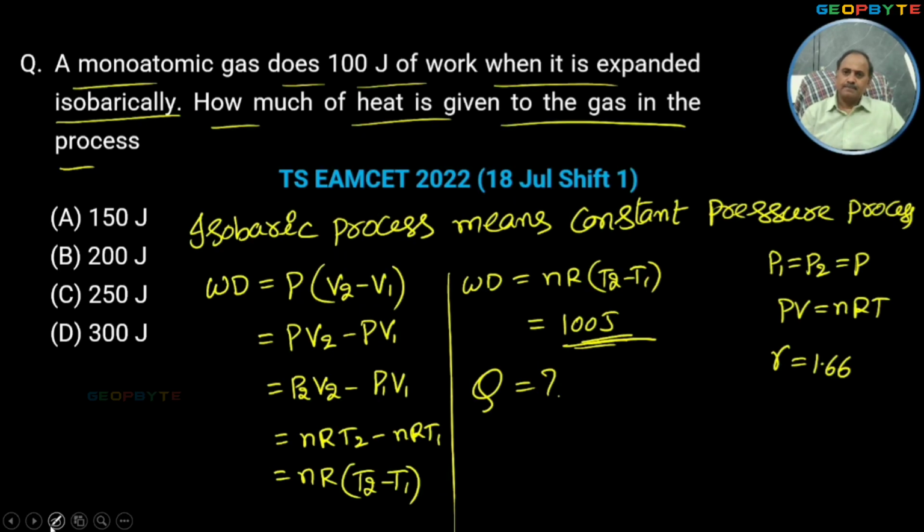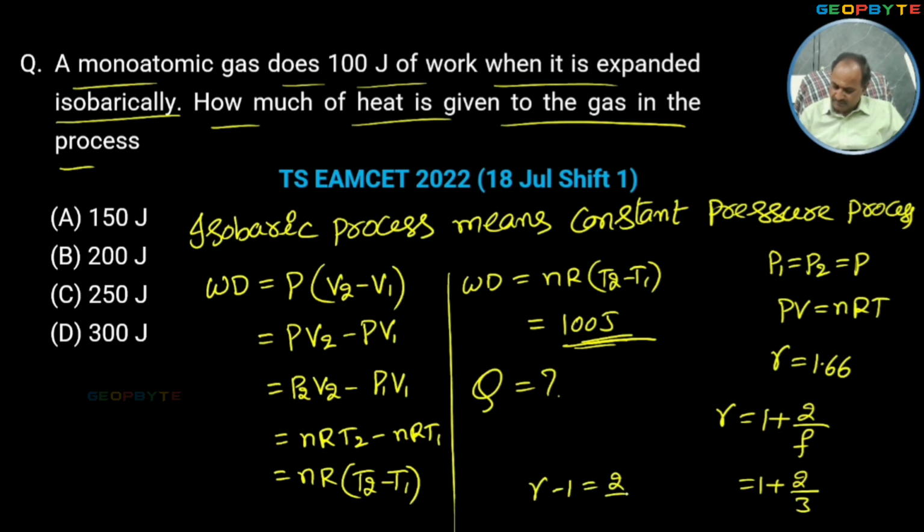Here gamma is actually equal to 1 plus 2 by f, where f equal to degrees of freedom, which is 3. From this I can write that gamma minus 1 equal to 2 by 3.